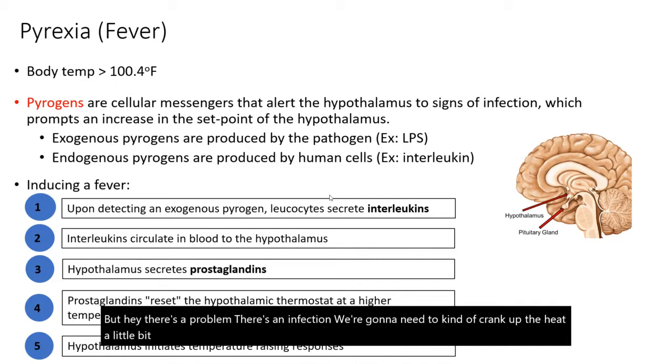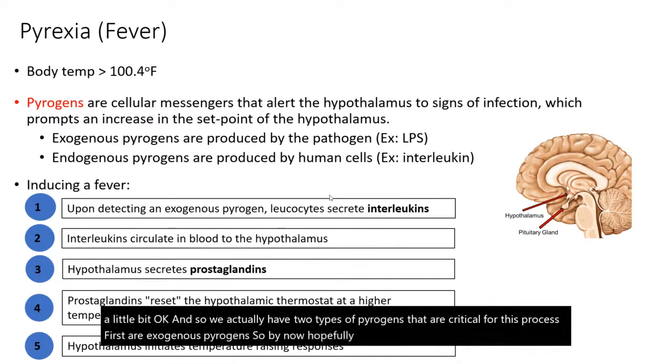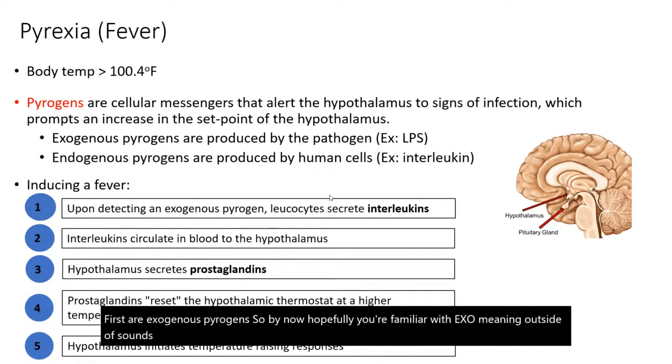Okay. And so we actually have two types of pyrogens that are critical for this process. First are exogenous pyrogens. So by now, hopefully you're familiar with exo, meaning like outside of, sounds like exit. So exogenous pyrogens are little molecules that come from outside of the host. That means they're made by the pathogen.